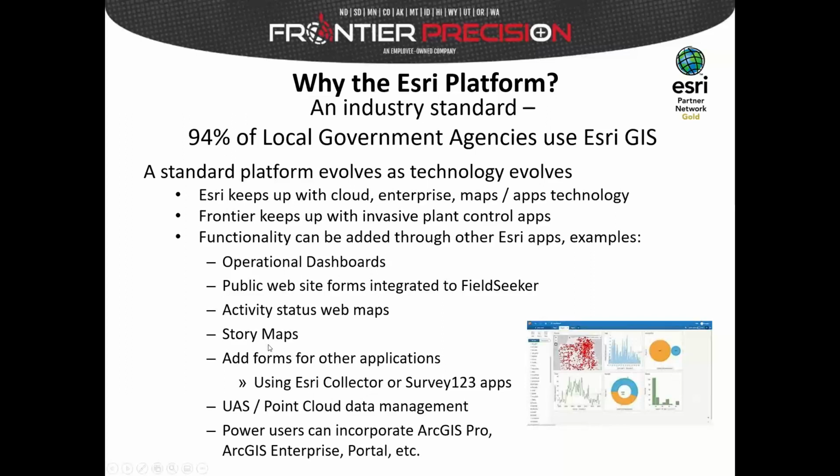The Esri platform also has story map capability, and this is a way that you can add web content that's under your control. So you can create this story or web page using photos, text, videos, GIS information, and then it provides a link that you can give to the person that manages your website, and it increases the ways that you can engage the public.